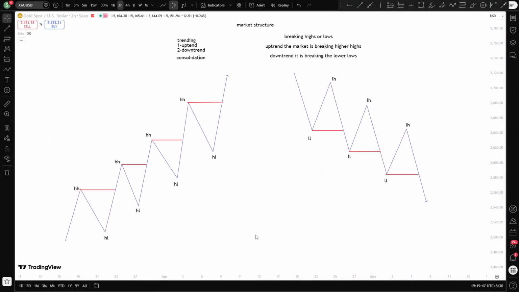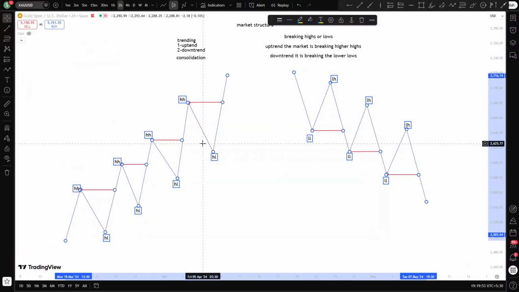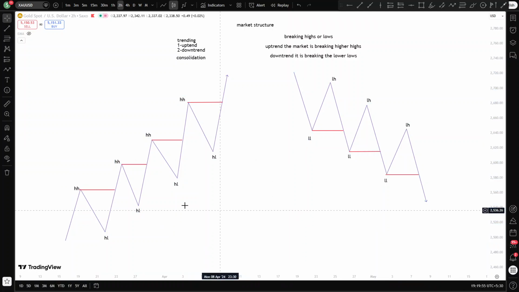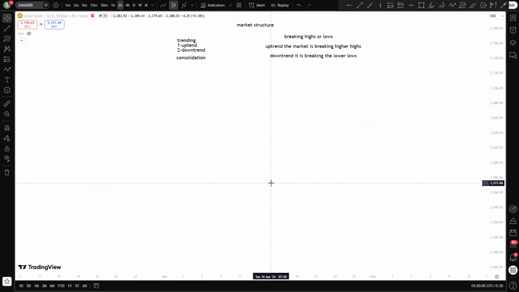So now let us have a presentation on how the market normally moves, because right now what we have shown you is just a presentation of the way the market moves, but this is not exactly how the market moves. When you open the charts, you find out that the market is moving in a different way.